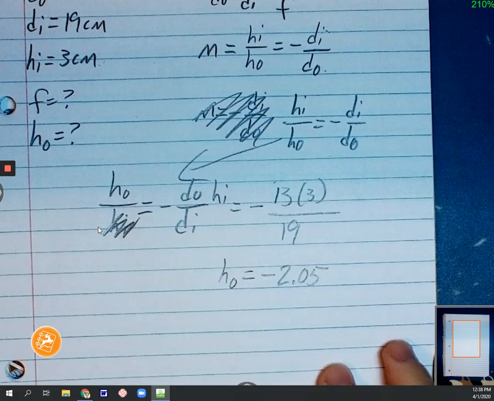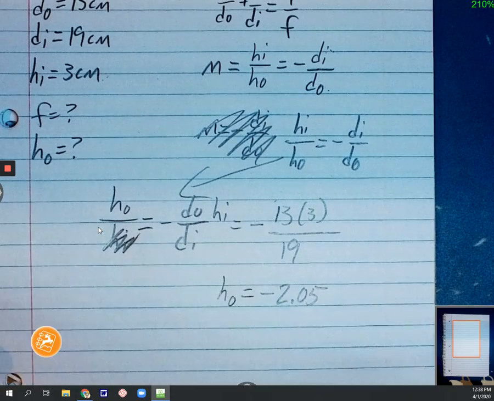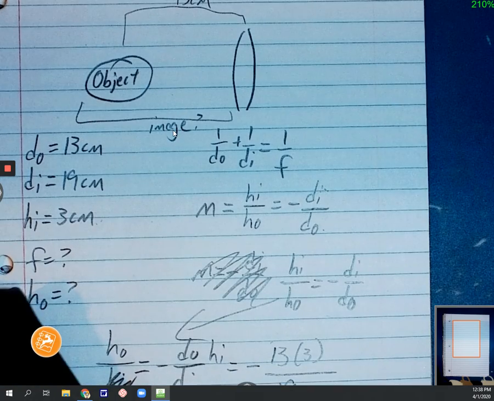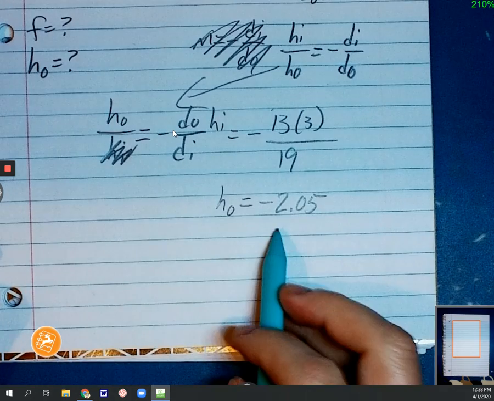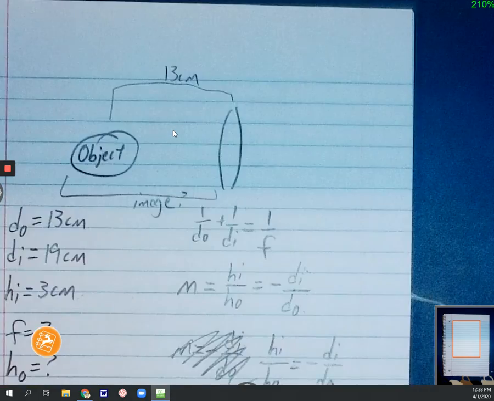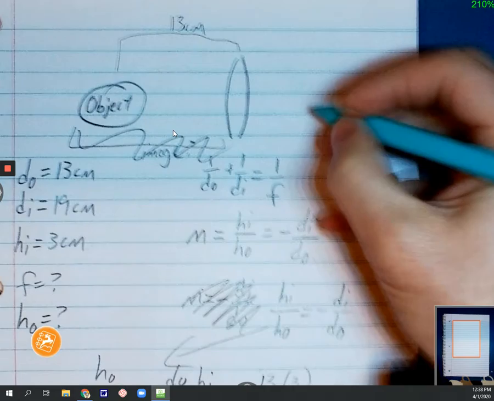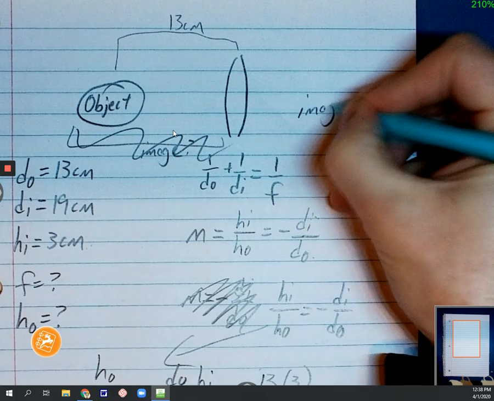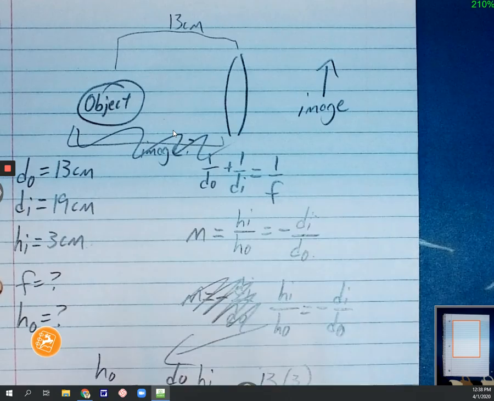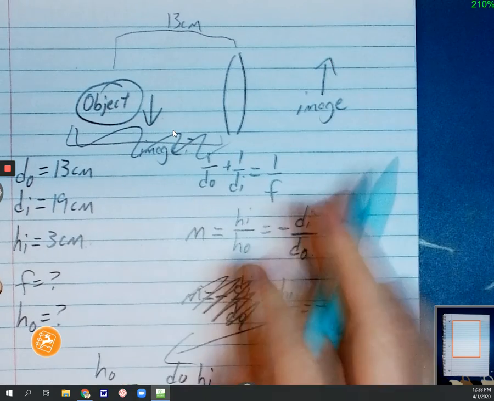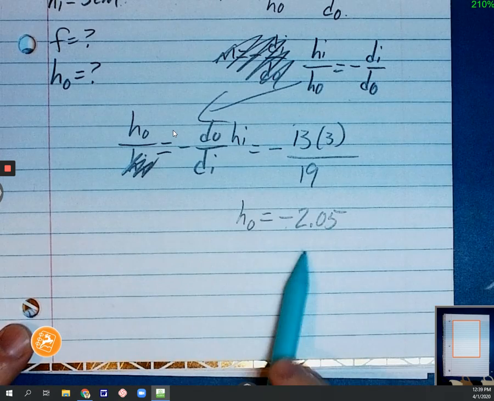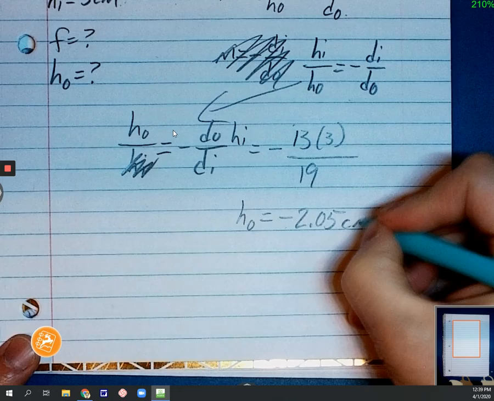So I was wrong about what I said up top, that the image was going to be on the same side. Since the height of the object has the opposite sign of the height of my image, my image is actually over here. And since one of them is upright and the other is upside down, I know that my image is a real image. So the height of my object is negative 2.05 centimeters.